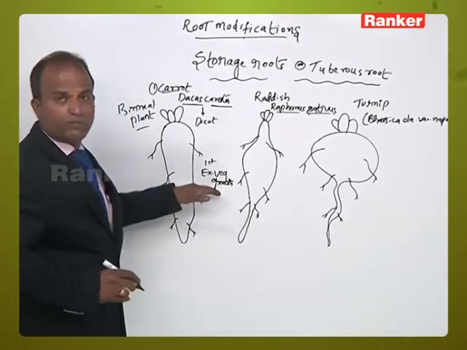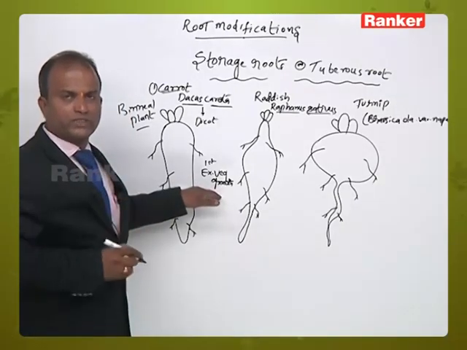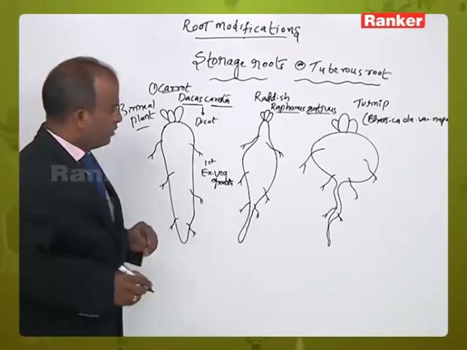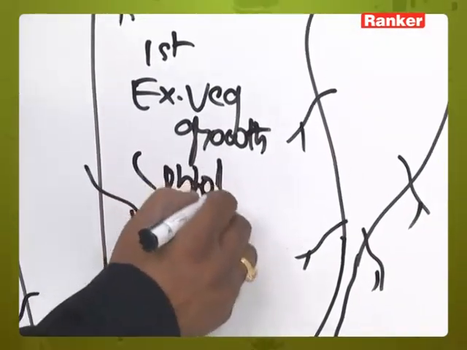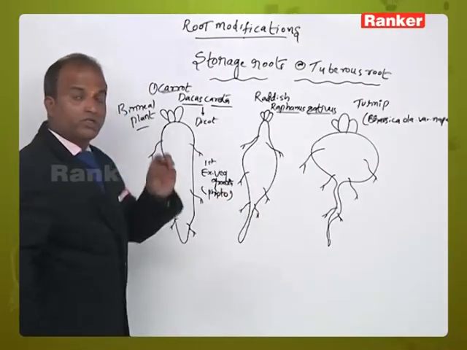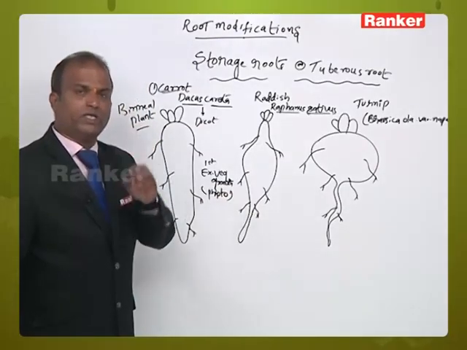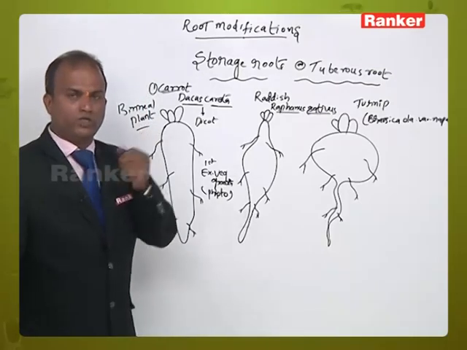Due to which more leaves are produced during vegetative growth, so it can perform photosynthesis and prepare its own food materials.